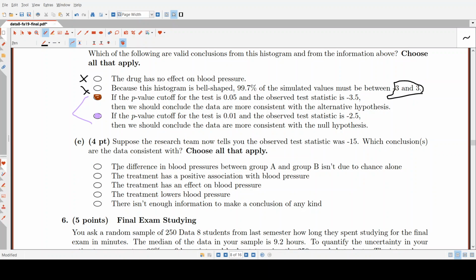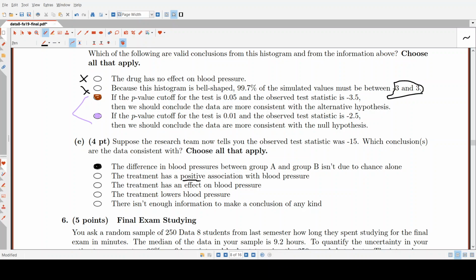So the first is that the difference in blood pressure between the two groups is not due to chance alone. That is valid. Then the second one is that the treatment has a positive association with blood pressure. So this one is not true, because the treatment actually decreases blood pressure, which would make it a negative association.